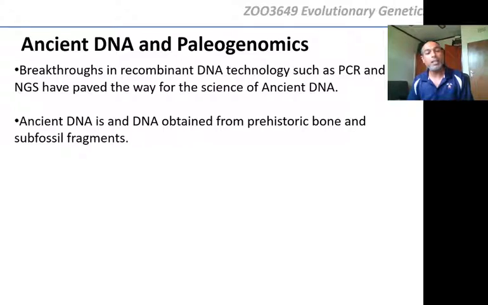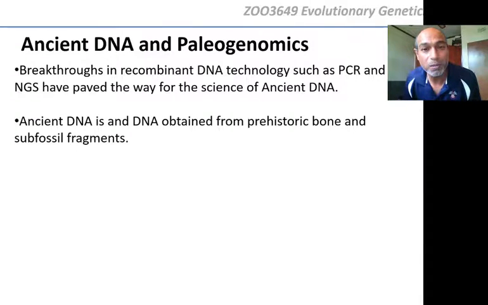Ancient DNA is obtained from fossilized or subfossilized bone. So we can take the Neanderthal fossil, and we don't have to just say, oh, look at this skull, it looks quite similar to humans, doesn't it? Maybe we were related. A lot of people can say yes, but maybe we were not.